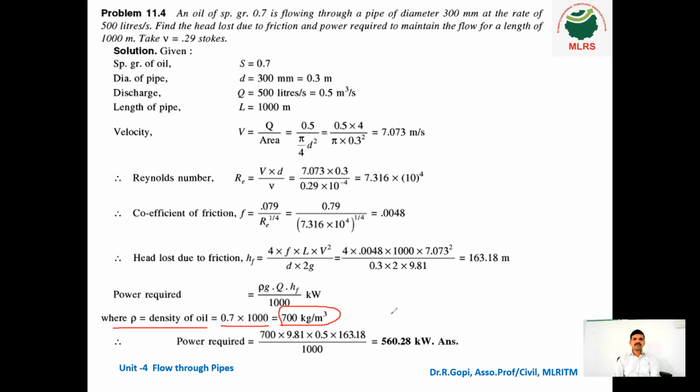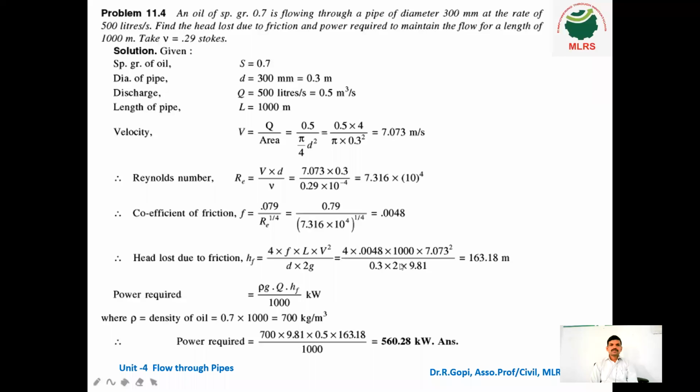So finally, power required is equal to 560.28 kilowatts. This is the final answer.